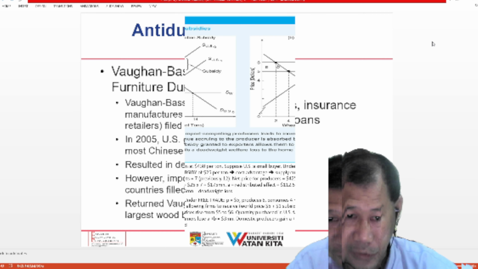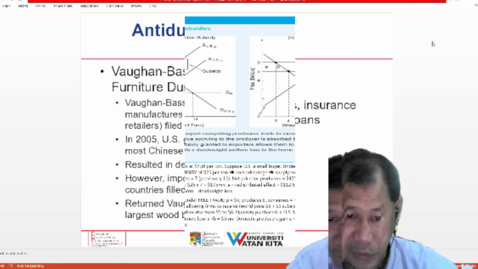Another case, Vaughan Bassett Furniture Company, furniture dumping from China. Vaughan Bassett and other US furniture manufacturers, over the opposition of many US furniture retailers, filed anti-dumping complaints against China. In 2005, the United States government imposed dumping duties on most Chinese furniture, which resulted in a decrease in Chinese furniture.